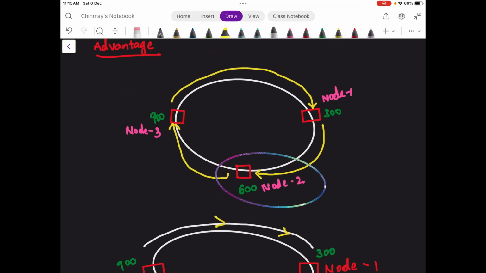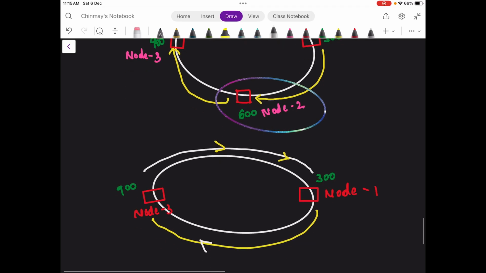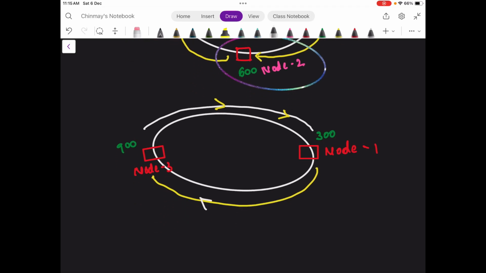Let's see here. When node 2 is dropped, the messages which are present in node 2 will be distributed to node 3. When node 2 is down, automatically the messages present in node 2 will be distributed to node 3.